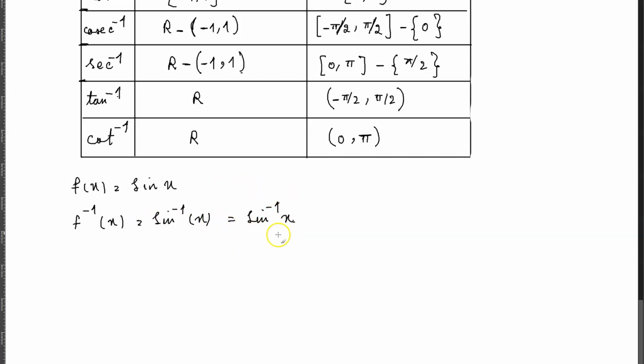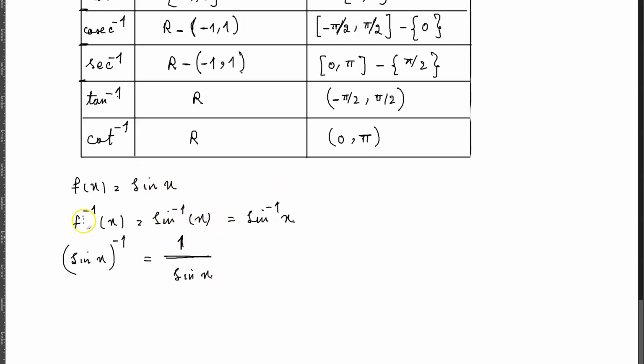This sine inverse of x is the inverse of the function sine x. But you can also come across the notation sine x whole inverse. What this means is the same thing as 1 over sine x, right? That is the meaning of sine x whole inverse: it is 1 over sine x. These are not the same thing.